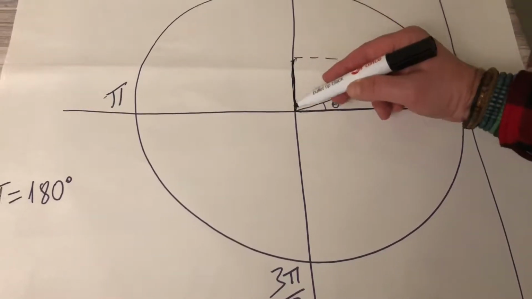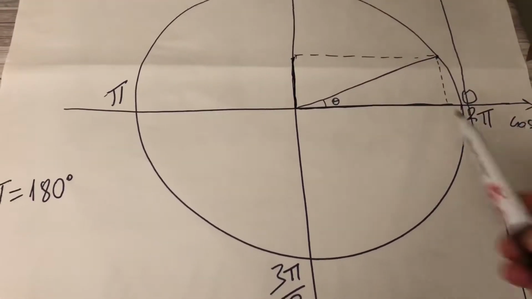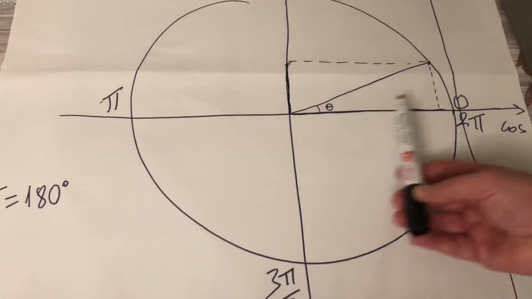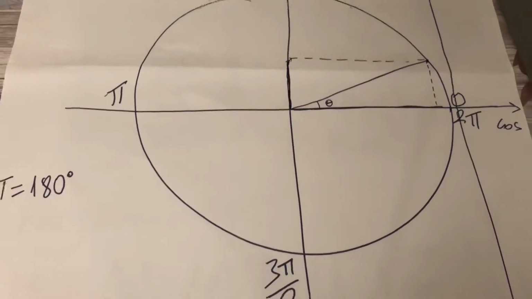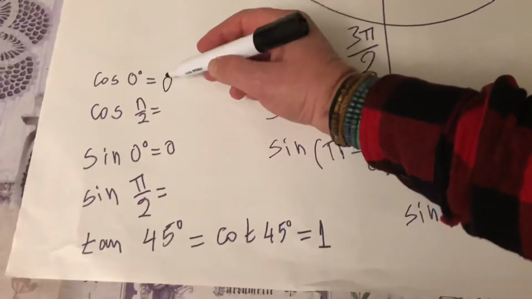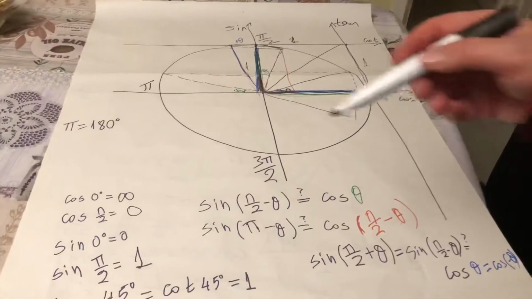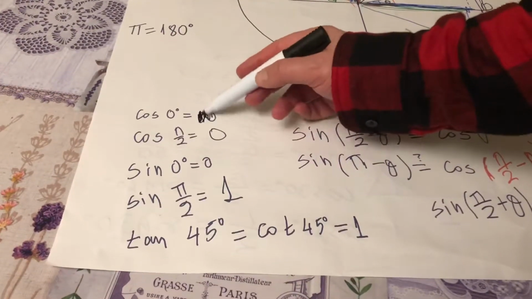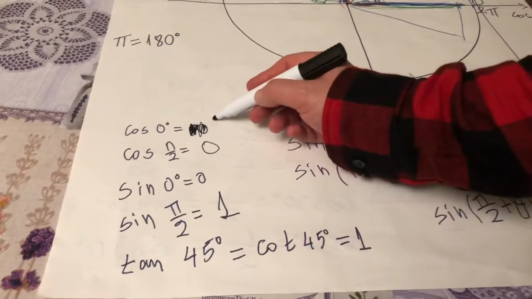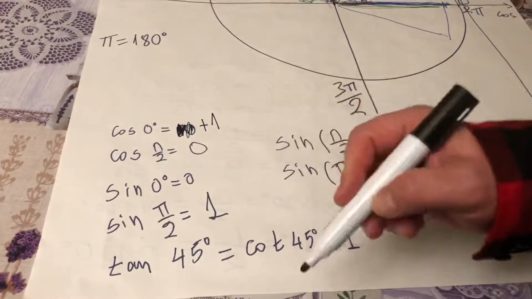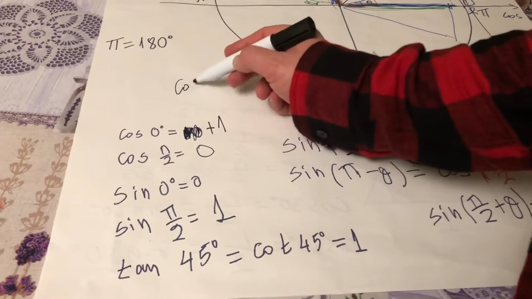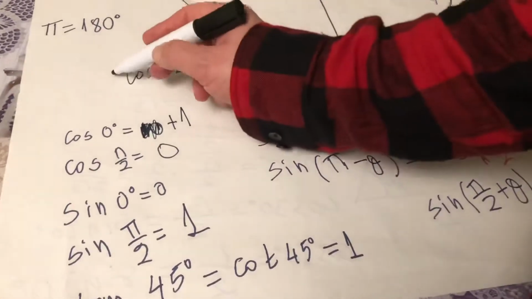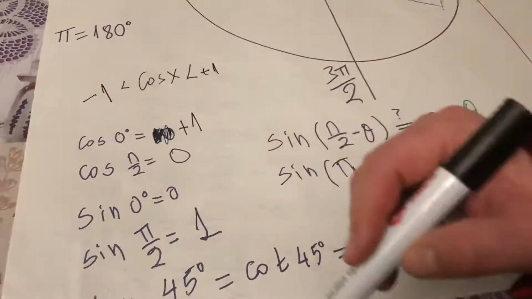From the shape, we can easily see that for 0 angle, cosine 0 is actually infinity. Okay, now I just came back to this and I correct it, because this shouldn't be infinity, this should be plus 1, since cosine x is always between plus 1 and minus 1.